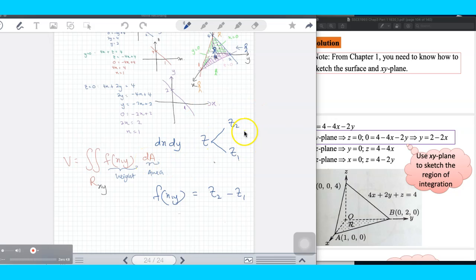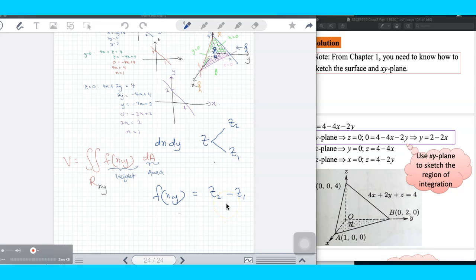The limit of Z will give you the function. In general, for the interval of Z, the lower bound I just put Z1 and the upper bound of Z is Z2. So the integrand is the subtraction between Z2 and Z1.